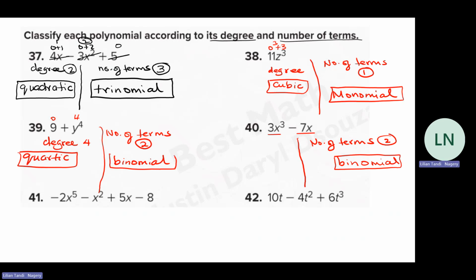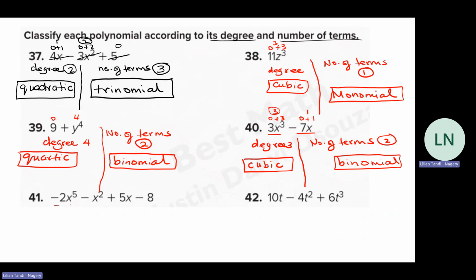This is the answer to the question. Now here the degree is 0 plus 3, which is 3, and 0 plus 1, which is 1. So the highest number is 3, so the degree is 3. When the degree is 3, you are called cubic. So the polynomial is a cubic because it has a degree of 3.